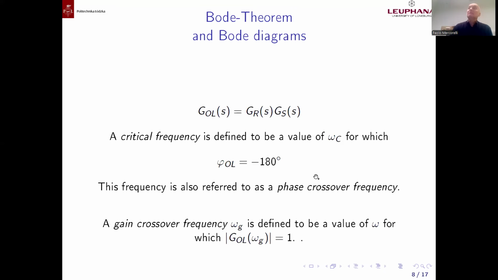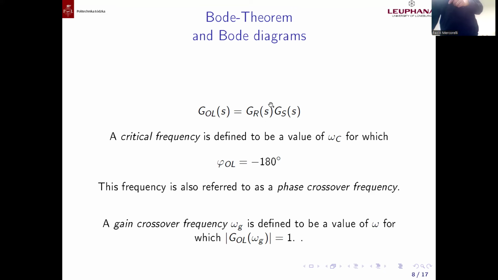Now, as I told you, we have two conditions. Please pay attention, two real conditions to be satisfied. And the complex condition is transformed into two real conditions. This means, if you look at this slide, that we can define an omega c, the critical frequency, for which we have the phase of the open loop equal to minus 180.